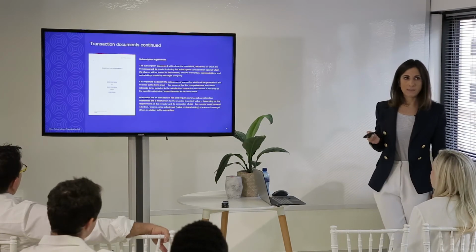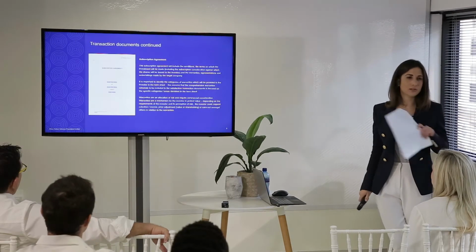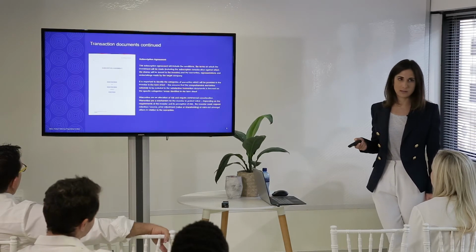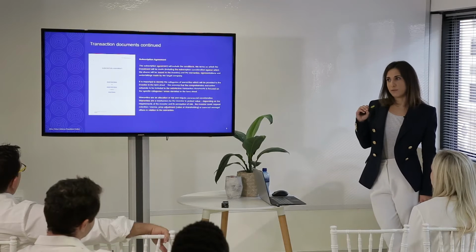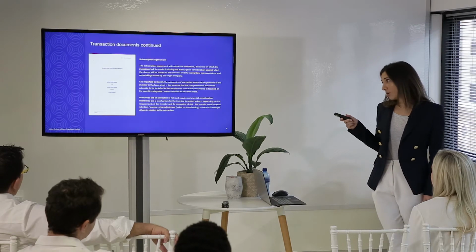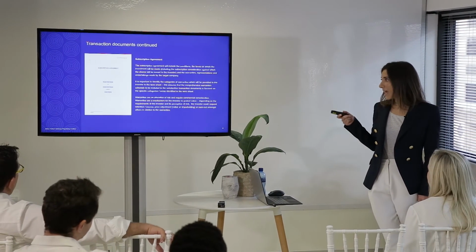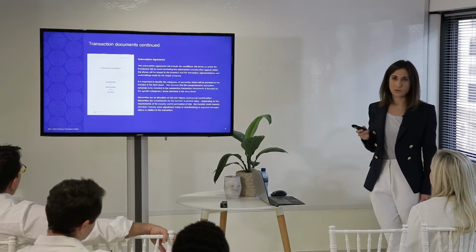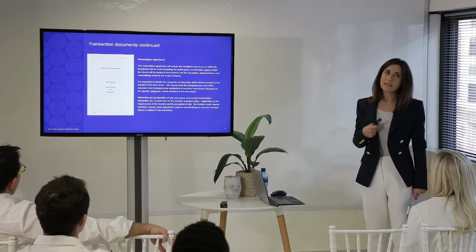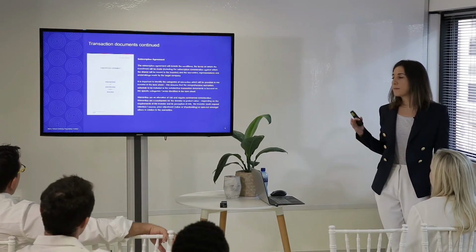If he's coming in, putting in money, he wants to be comfortable that actually the business is not indebted to the hilt and all his money is going to be used to settle historic debt. So it's kind of like a snapshot of the business, a protection around that snapshot at the time of the investor coming in. Now, depending on the nature and the type of the investor, they can consider further protections in respect of warranties. So I'm not sure if you've heard about escrow arrangements. So if there's an identified risk at the time, an investor could look at putting a certain amount of his money into escrow, as protection against those warranties.